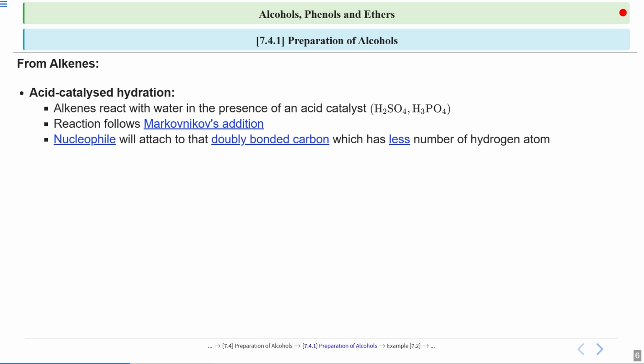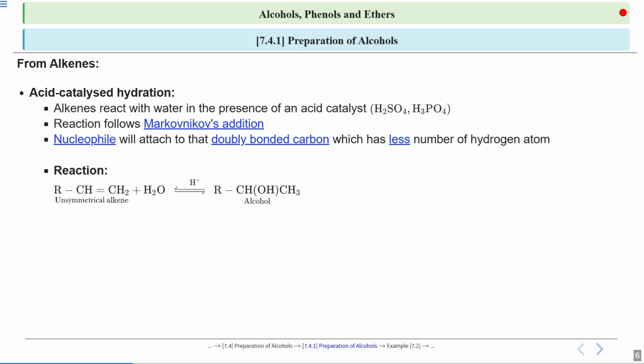Markovnikov addition rule says that the nucleophile will attach to that double bonded carbon which has less number of hydrogen atoms, which is less substituted, you can say. So in this reaction the nucleophile will attach to that double bonded carbon of the alkene which has the lesser number of hydrogen atoms.